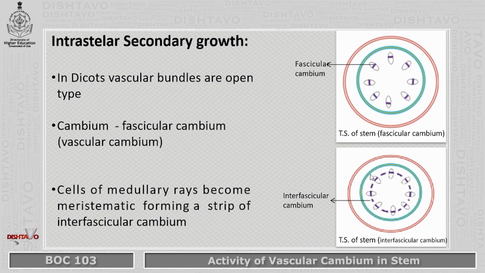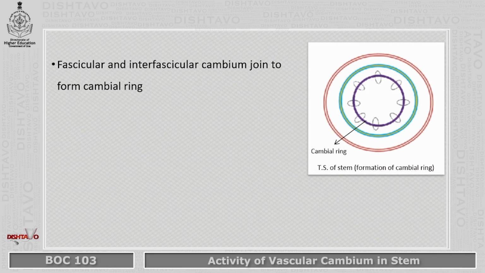During the later part of the secondary growth, the cells of the medullary rays in between the vascular bundles undergo a process called dedifferentiation and form a strip of cambium. As the growth advances, the interfascicular cambium and the fascicular cambium join together to form a cambial ring.